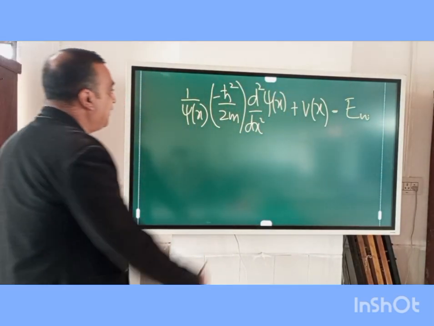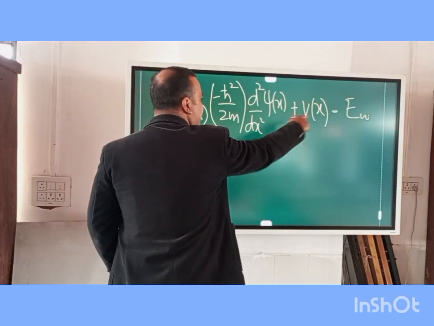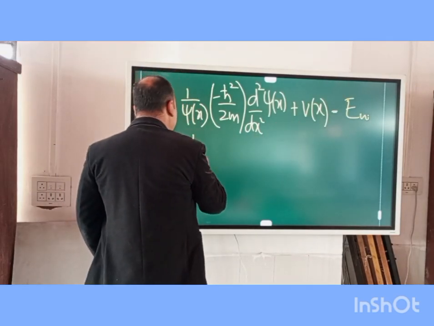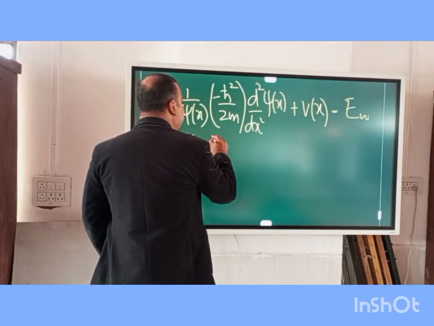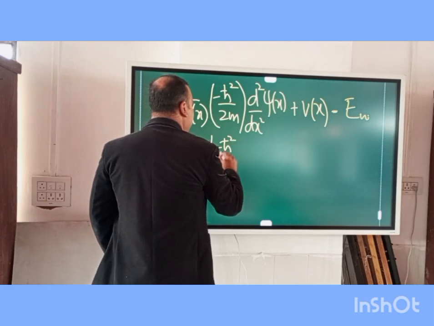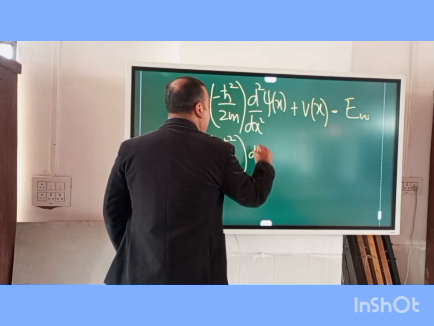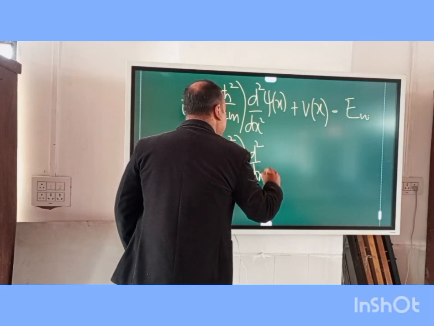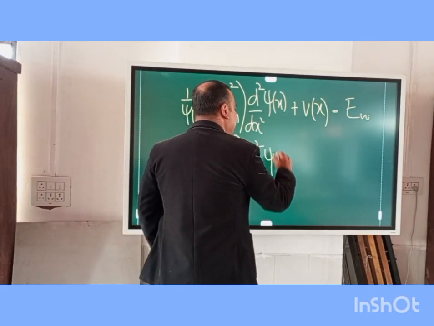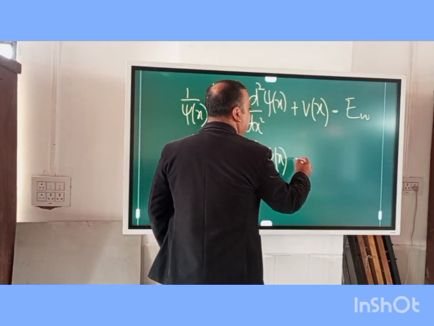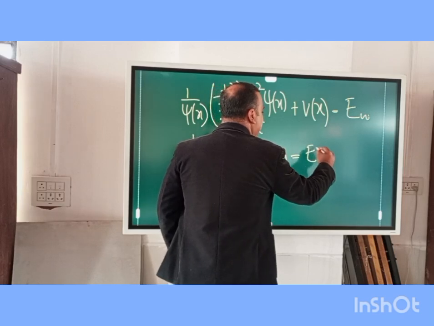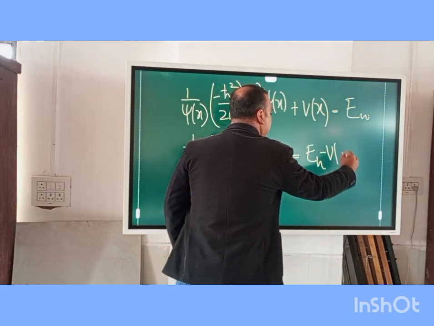And we can think of transferring v of x. So this is 1 by psi of x, minus h bar squared by 2m, then you have d2 by dx2, then psi of x equals En minus v of x.